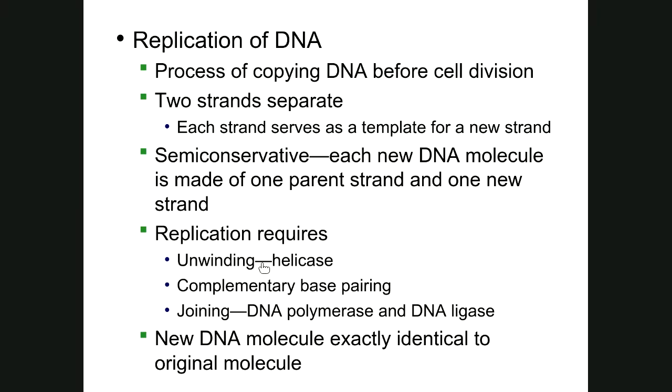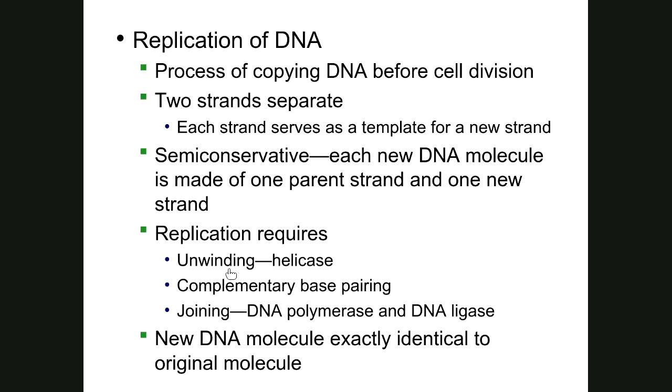Then when we unzip it, that means opening it up, we separate the right side and left side of the zipper. Here also the two strands are first unwound or unzipped, that means separated.